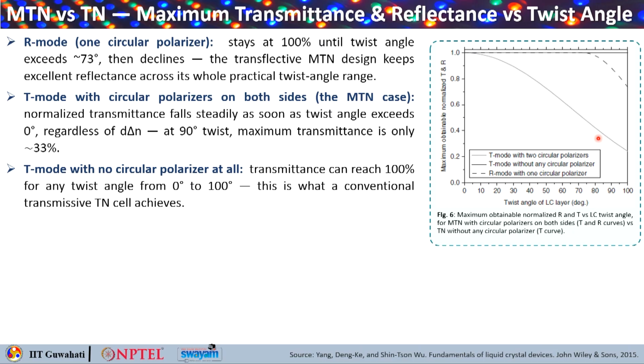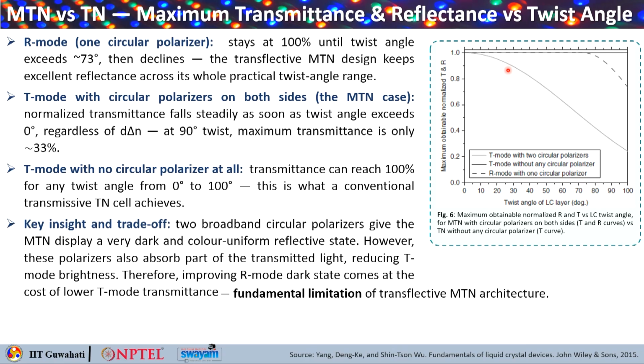Now if you consider the same T mode without any circular polarizer, what you see is basically a flat line at transmittance equals 1. That means your transmittance can reach 100% for any twist angle between 0 and 100 degree, and this is what the conventional transmissive twisted nematic cell can achieve.